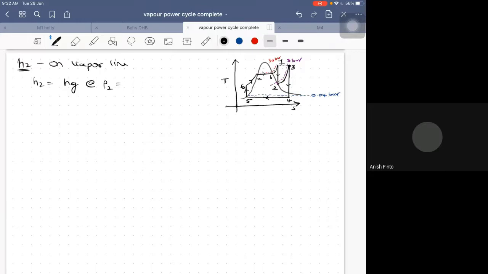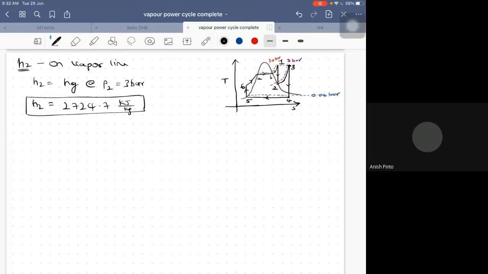P2 is how much? 3 bar. Very good. Now at 3 bar, can I get the value of H2? 2724.7 kilojoules per kg. Very good.